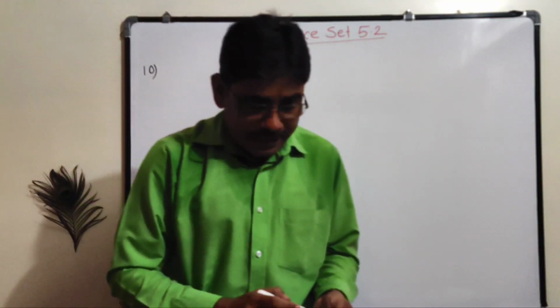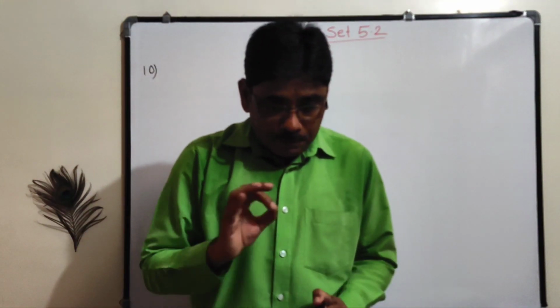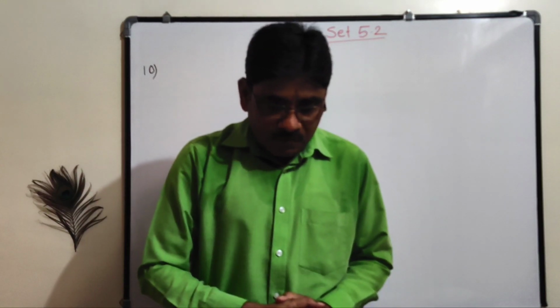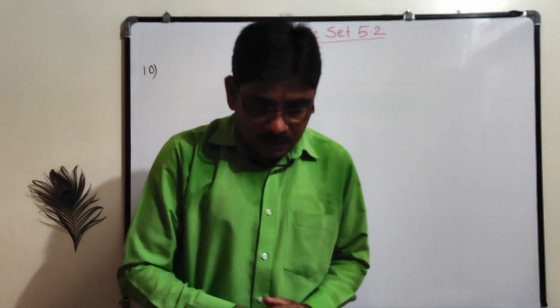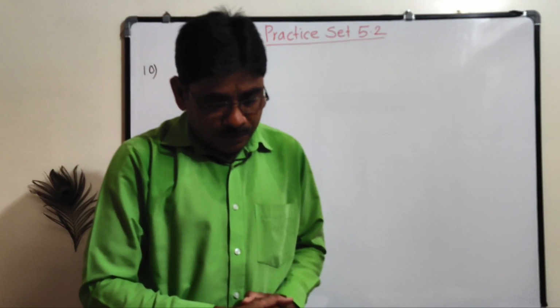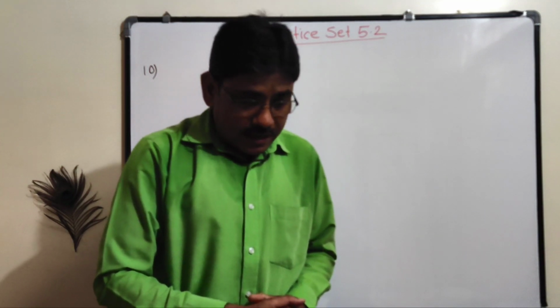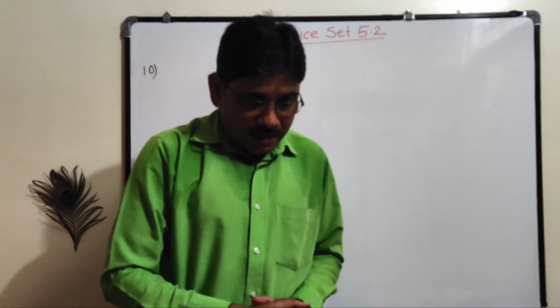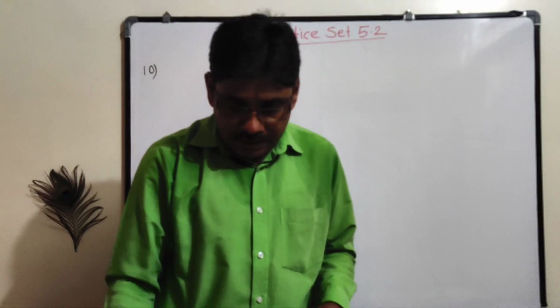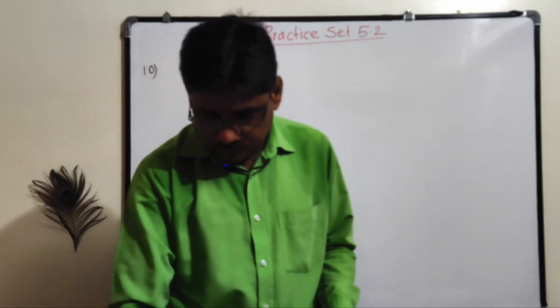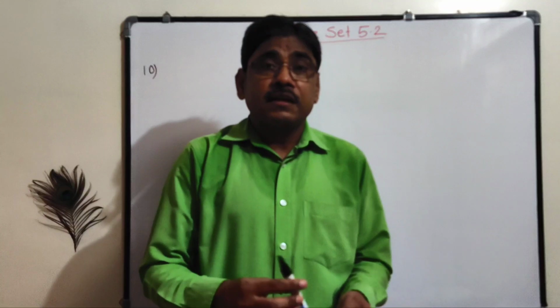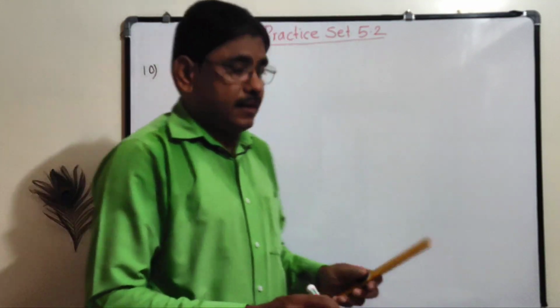Find the coordinates of the points of trisection of the line segment AB with A (2, 7) and B (minus 4, minus 8). Trisection means divide into 3 equal parts.